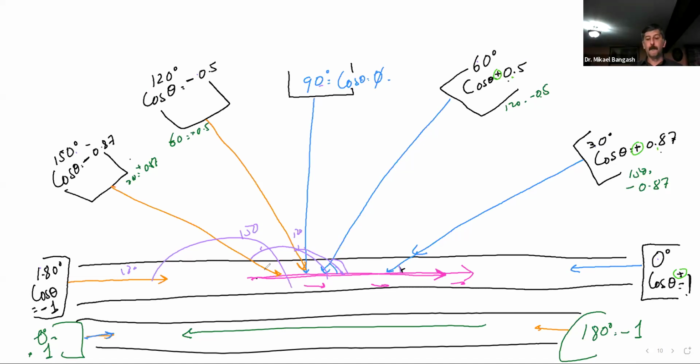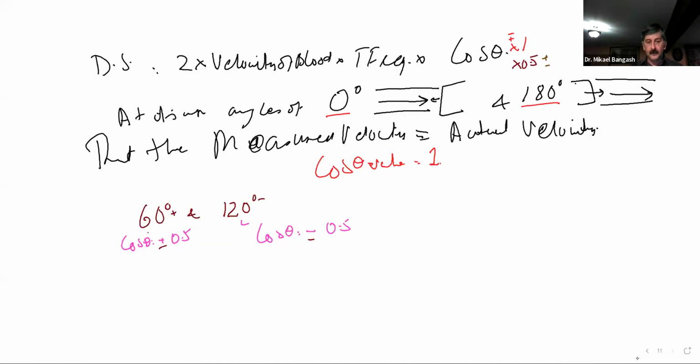Did you guys get that? Last but not least, what if we went for things such as a 30-degree angle or a 50-degree angle? Both of these had cosine theta values of 0.87. Those are still greater than half, but still less than 1.